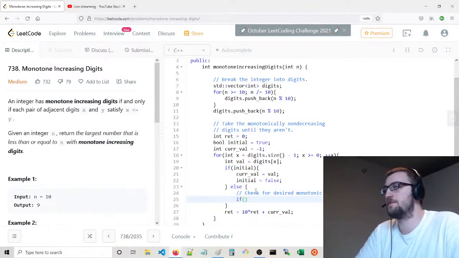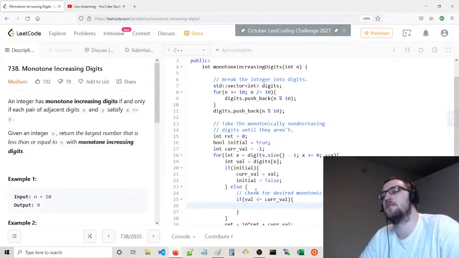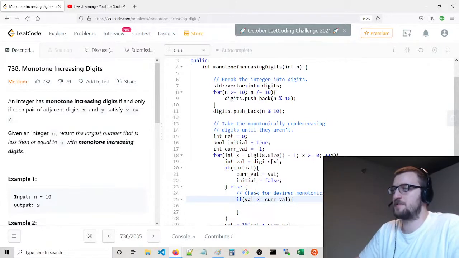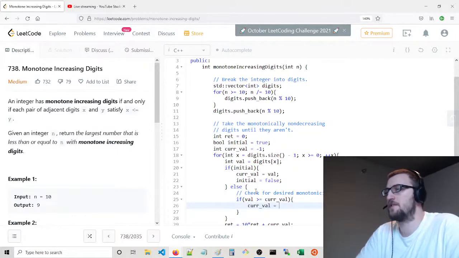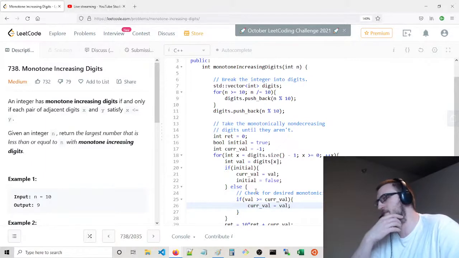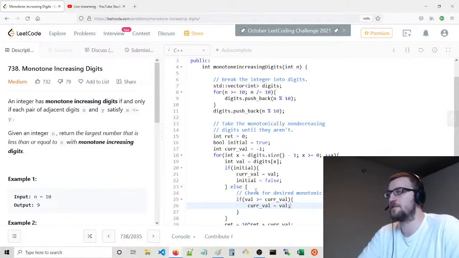We'll say if val is less than or equal to current val. No, it's going to be val is greater than or equal to current val. Then we're going to update current val equal to val. And what we want to check is we keep going now.